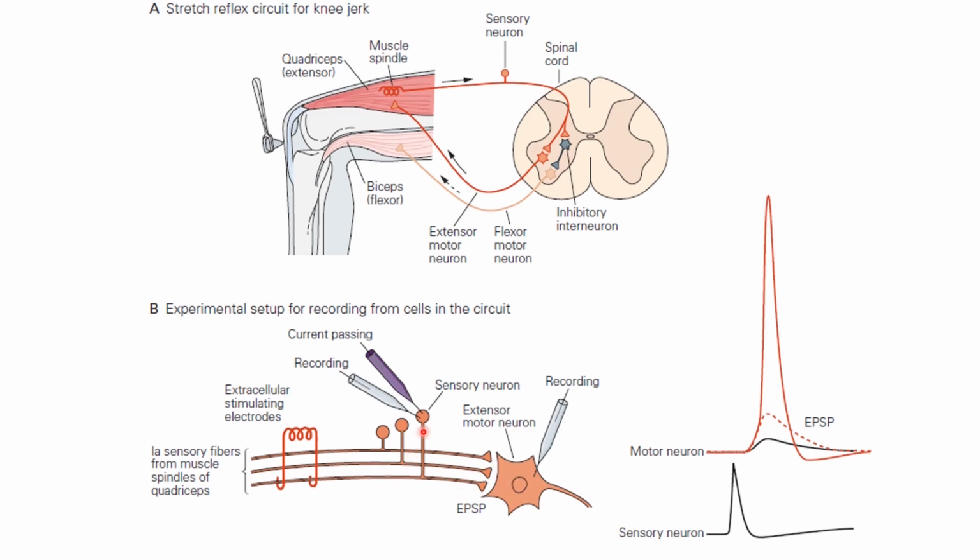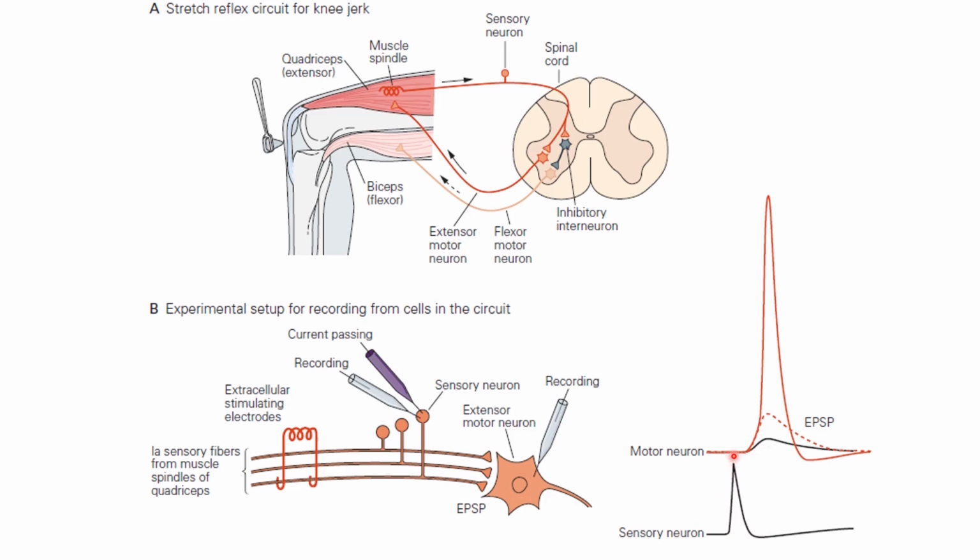Now if we activate one of these sensory neurons by injecting current in that neuron, and the amount of current is enough, then we can produce an action potential in the sensory neuron as shown in the black trace here. And because this neuron is making synapse with the motor neuron, the activation of this neuron will cause an effect in the motor neuron.